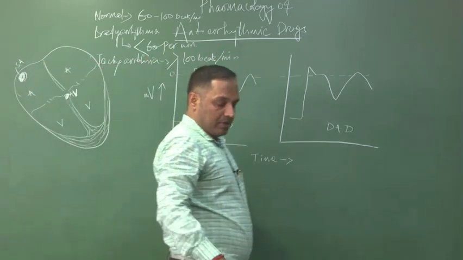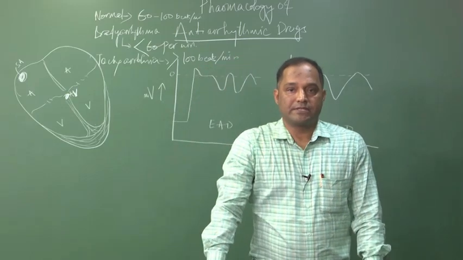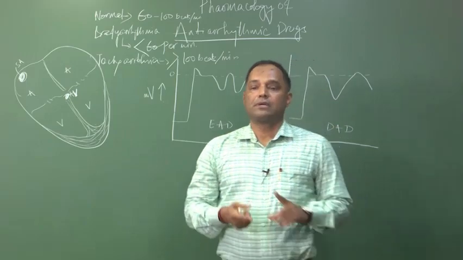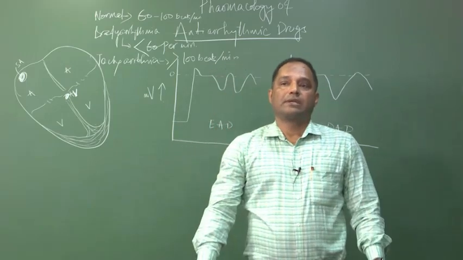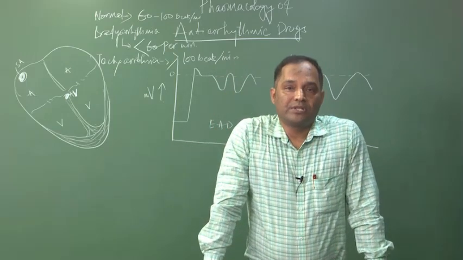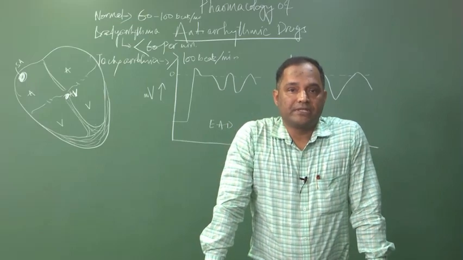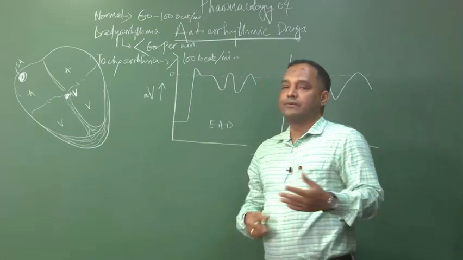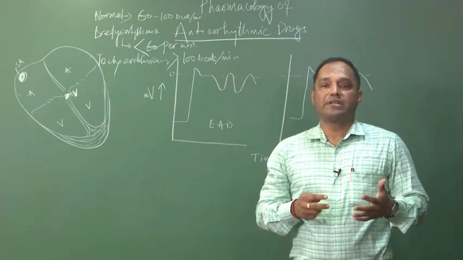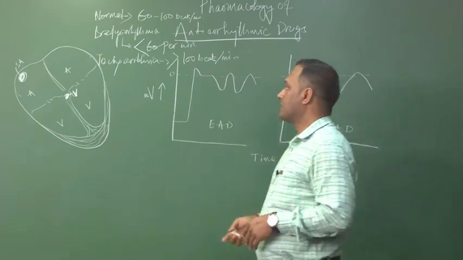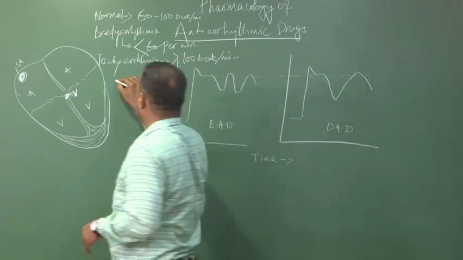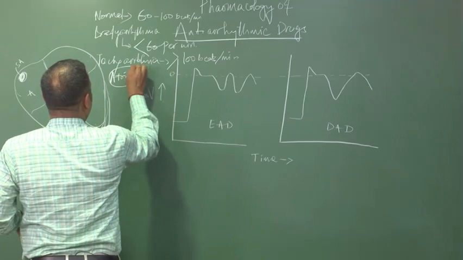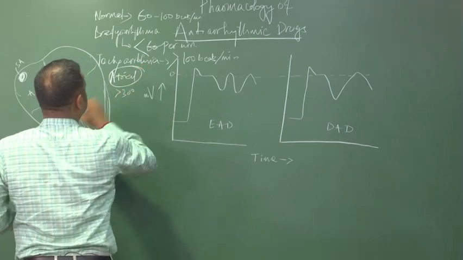Again, one is atrial fibrillation, which shows more than 300 beats per minute, which is more severe, or has more severity in heart problems. That shows 300, that is atrial fibrillation, more than 300 beats per minute.